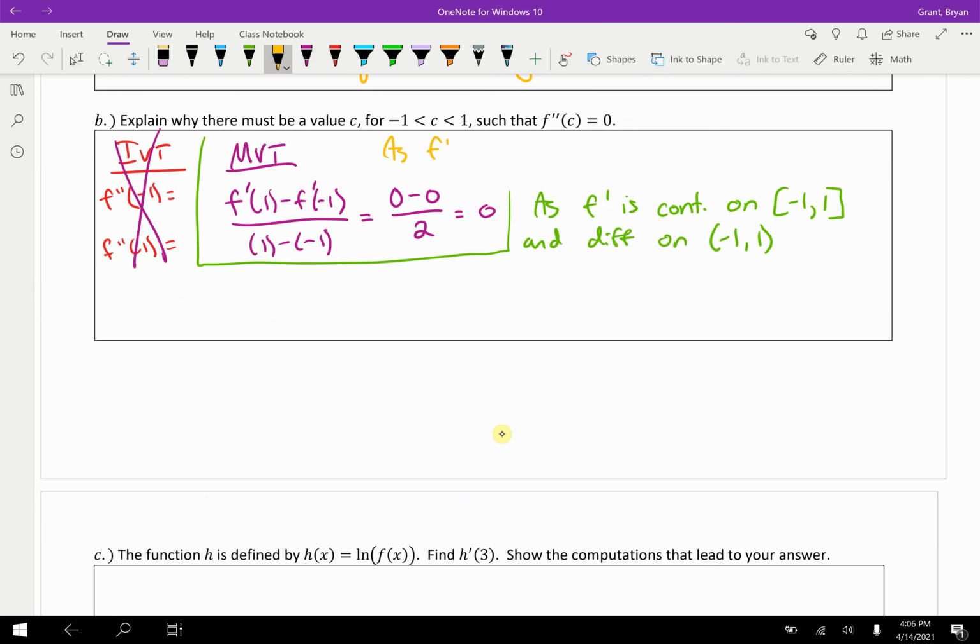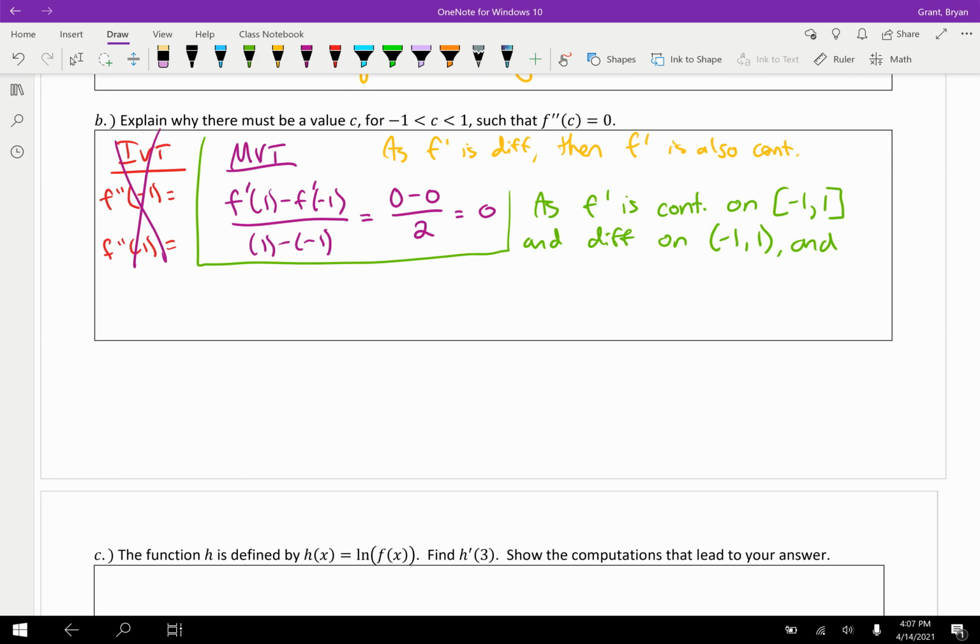As f prime is differentiable, then f prime is also continuous. Okay, they were real sticklers for that last year. Will they be every year? Maybe not, but it's probably a good thing to put. All right, so as f prime blah, blah, blah, blah, and what is this?